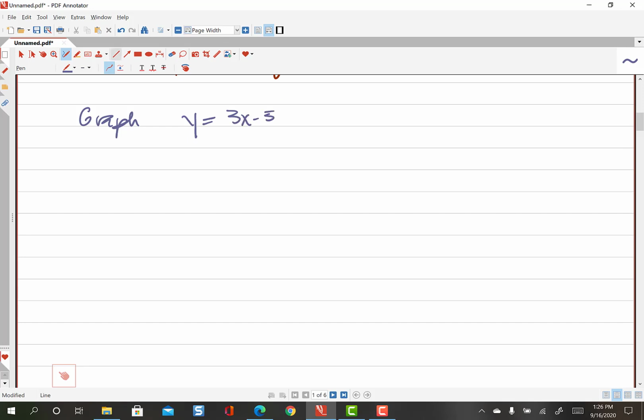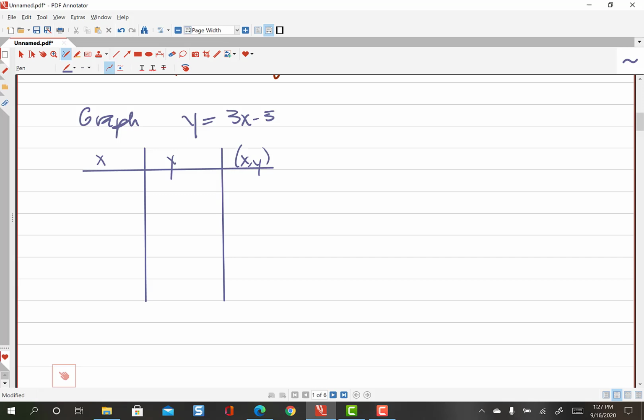Let's make a little chart here. There we go. What I'm going to do is pick some x values and calculate the y values so that we have a set of ordered pairs.